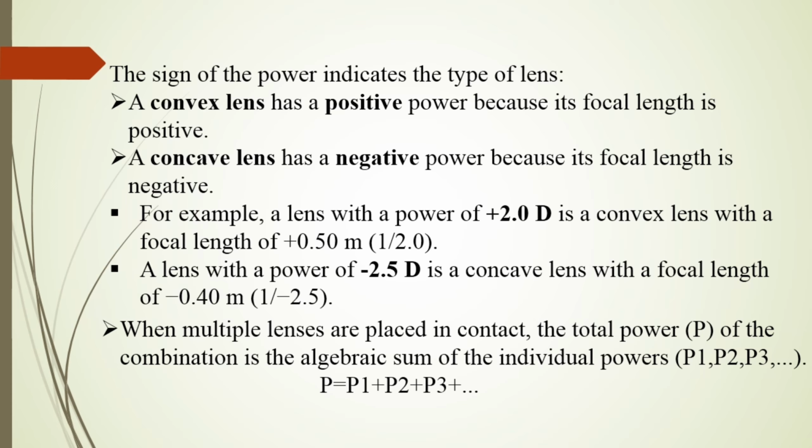This is a concave lens that causes light to diverge as if coming from a point 0.4 meters in front of the lens. Understanding the sign and value of the lens power helps us identify how lenses will affect light and images in optical devices.